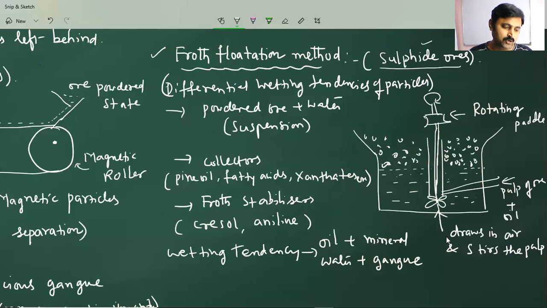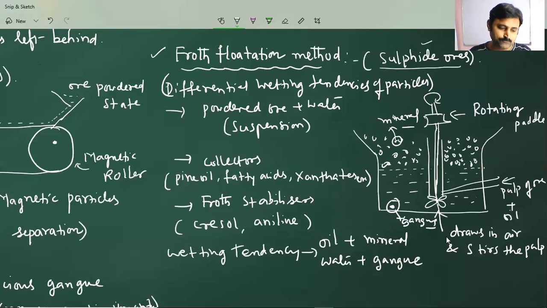As we all know, once we start agitating this mixture, that is the suspension, what happens? The air drawn by the rotating paddle will create froth, which carries mineral particles, because in the froth the mineral particles are lighter. The gangue particles are heavier and will settle after some time.